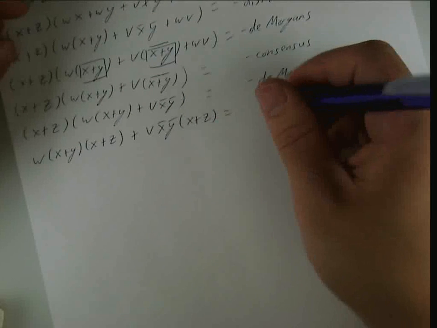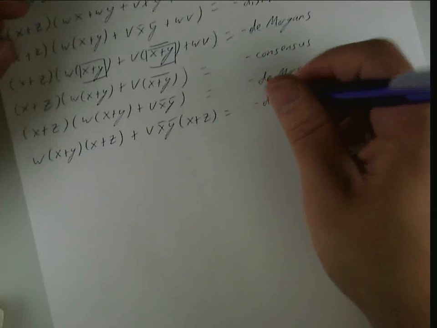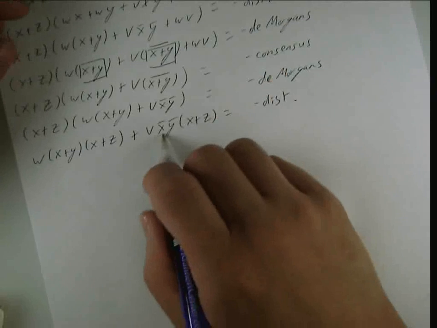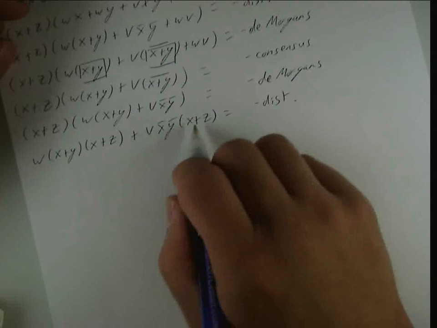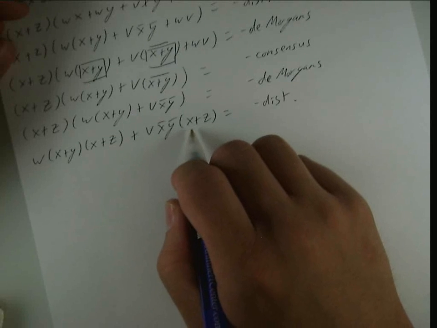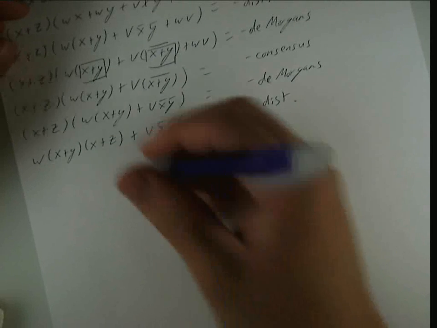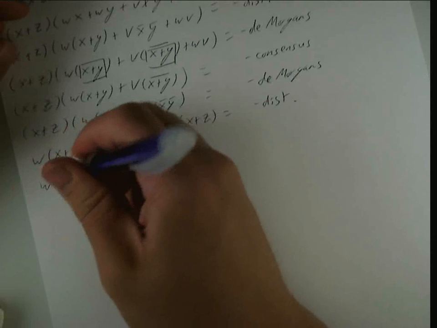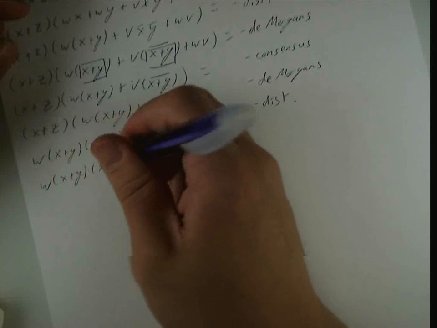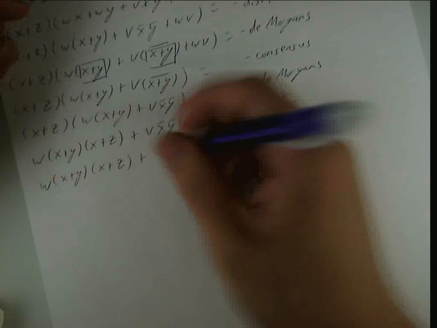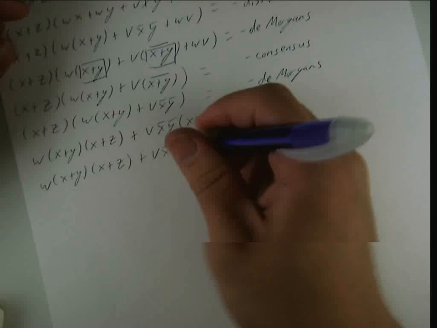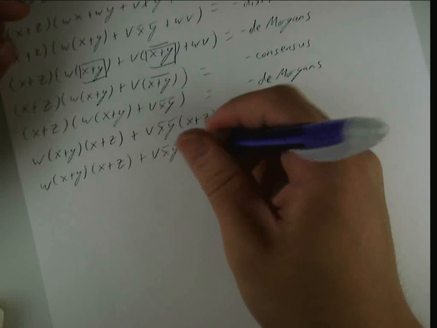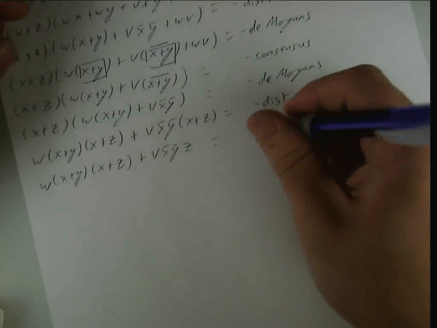So that was done with distribution. So here, I have a no name because I have x and its complement. That's just going to remove this x from here, and we're just going to wind up with z. So v x bar y bar z, and that's using no name.